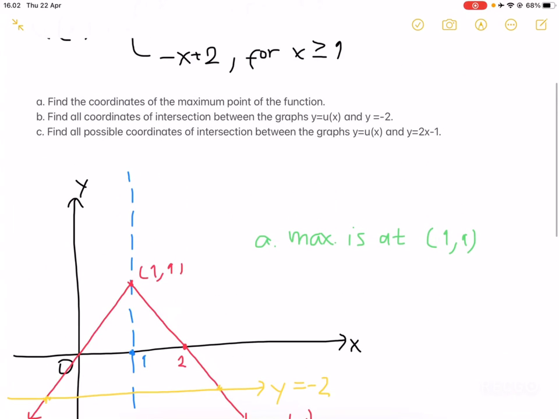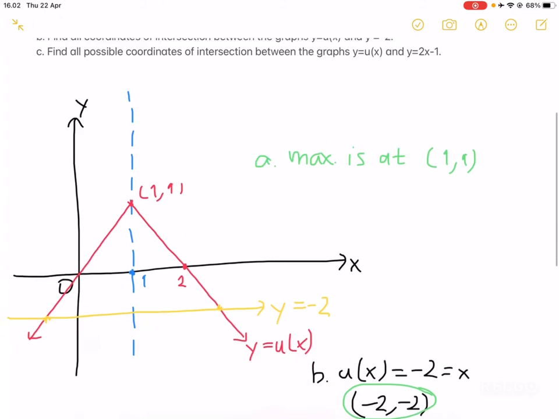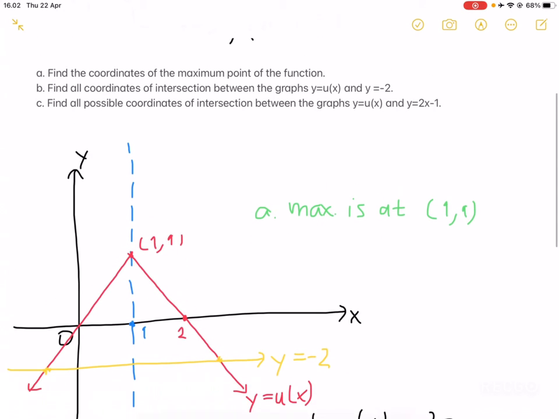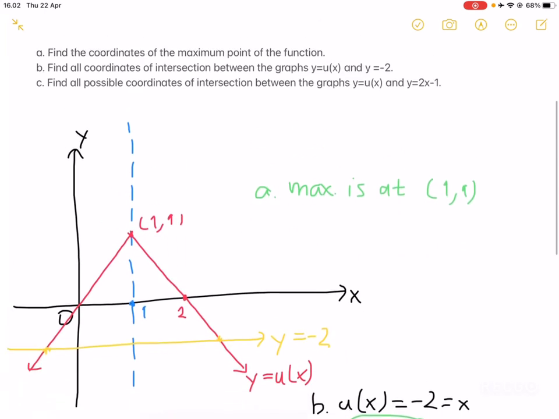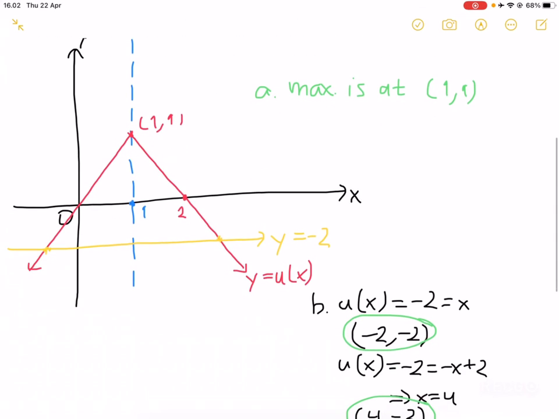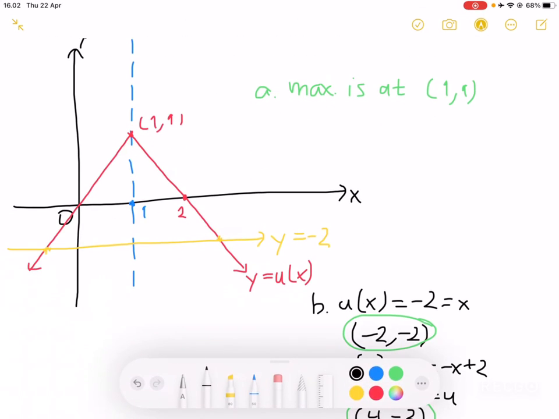And for part C, find all possible coordinates of intersection between the graphs of u of x and y equals 2x minus 1, which I'll just draw something like this. So it is a graph like that.